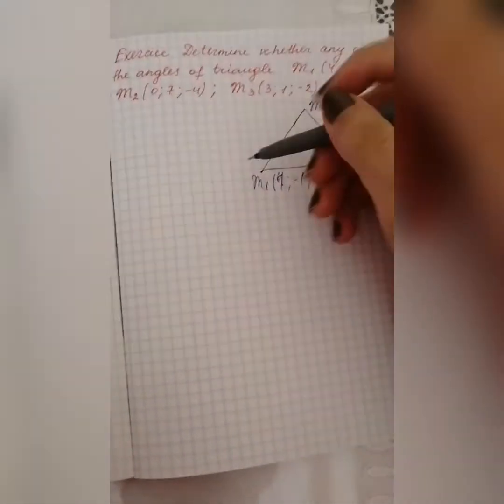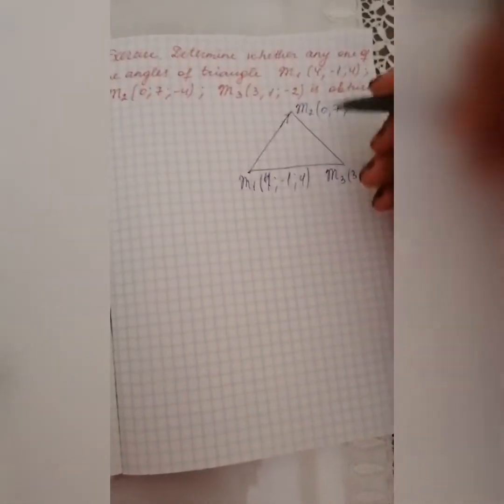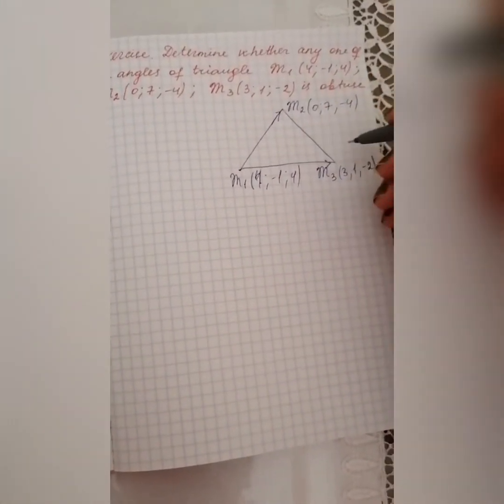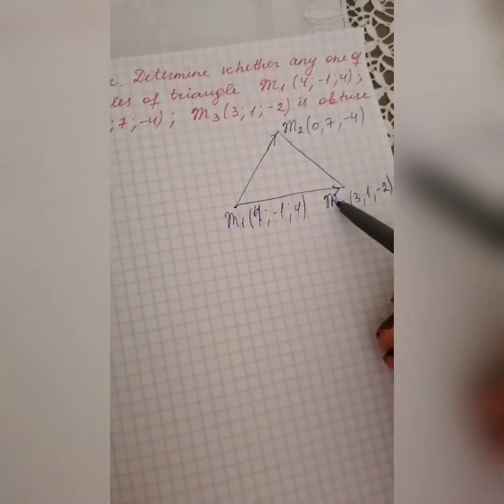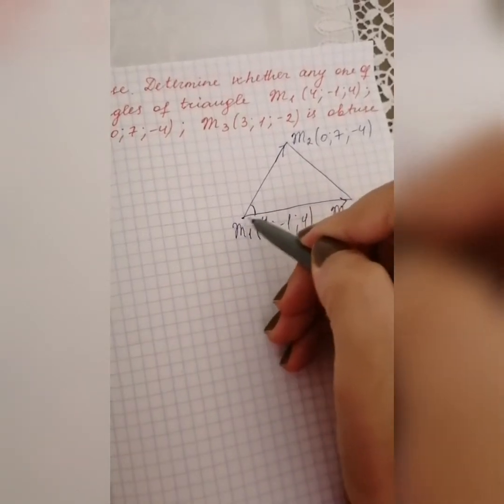And yes, M1M2 is a vector, and M1M3 is a vector. For example, vectors M1M2 and M1M3 form an angle at M1.